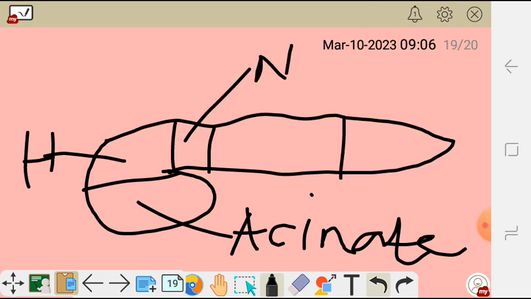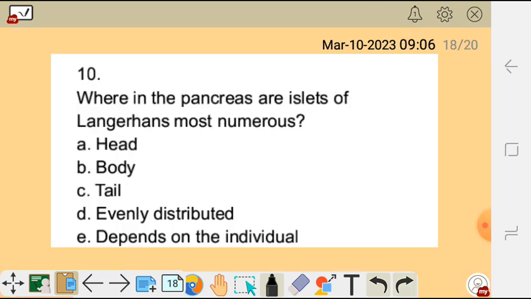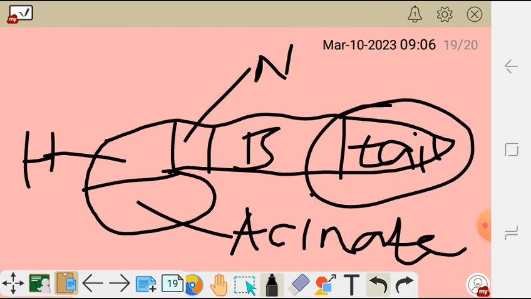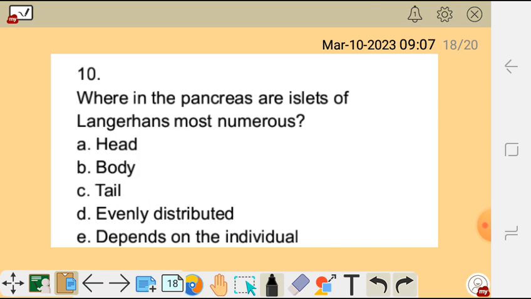We have the body, and the tail. So among all these regions, where are the islets of Langerhans most numerous? So they are numerous in the tail. So in the tail, that's where you find islets of Langerhans. They are more numerous in the tail. So the correct answer is C.